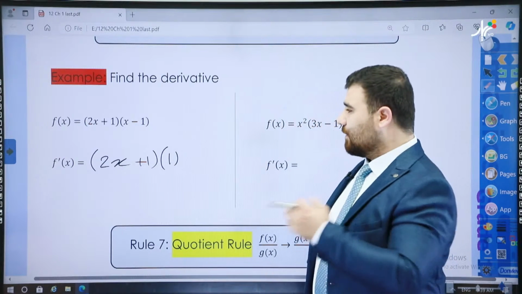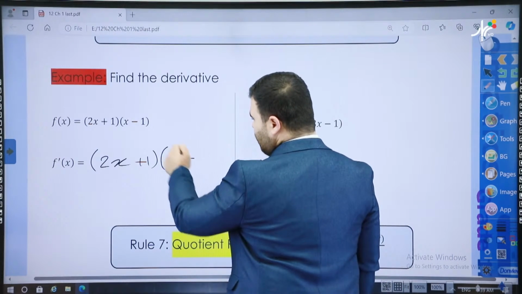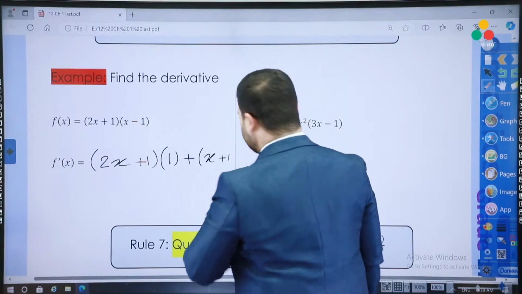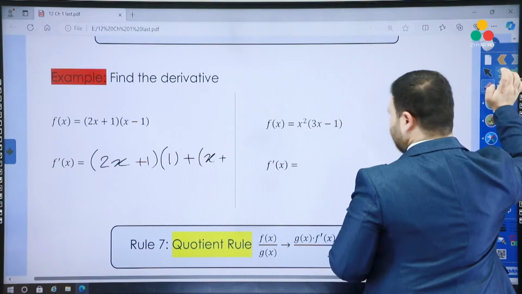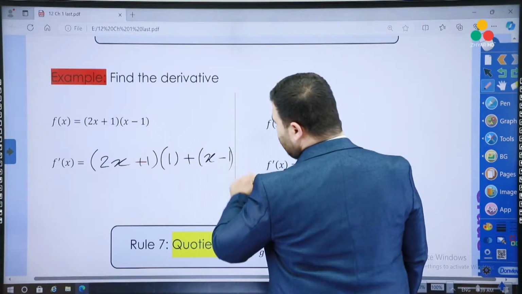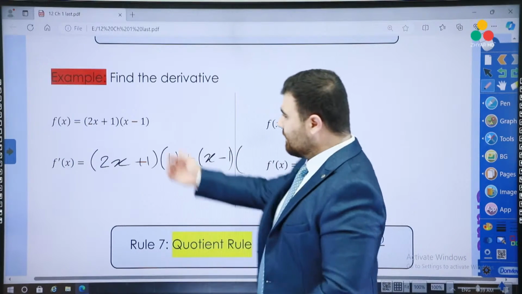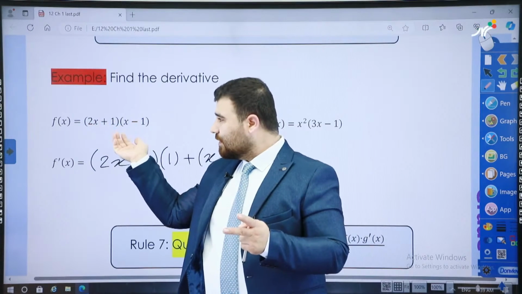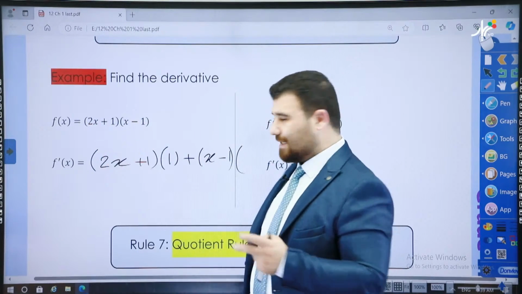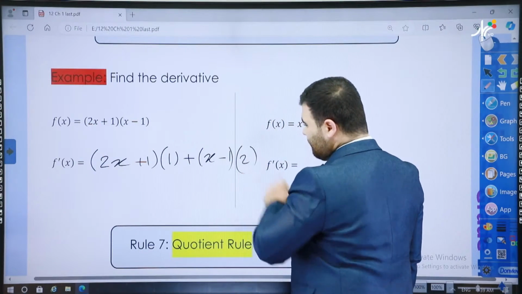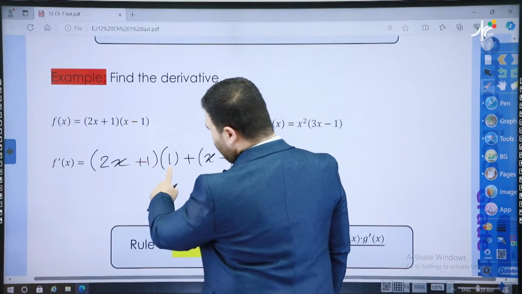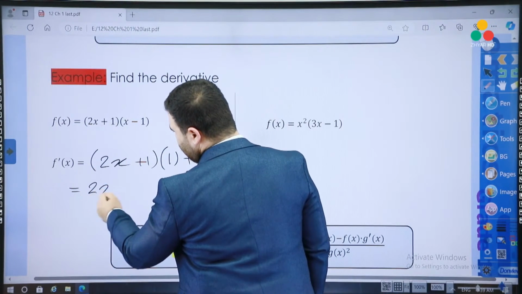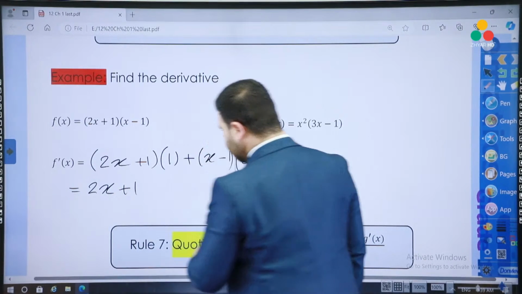All right. Plus. This time we keep second as it is. It's x minus 1 times derivative of first. What's derivative of first? Derivative of 2x is 2. Derivative of 1 is 0. So derivative of first is just 2. Now let's simplify what we have. If we multiply 1 by anything, it stays the same. 2x plus 1.